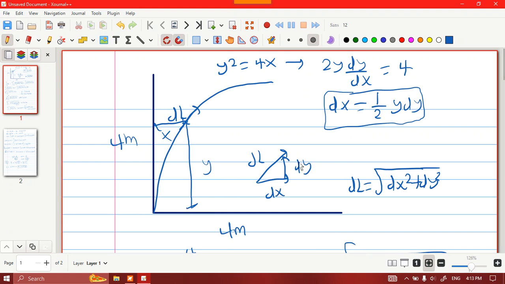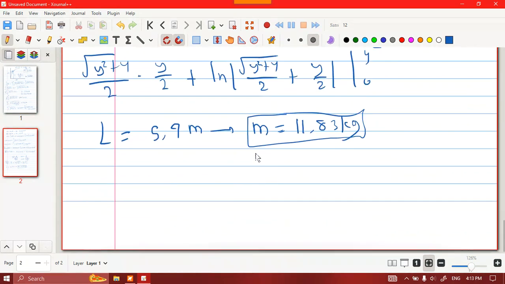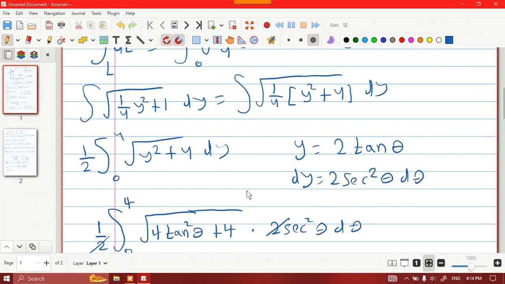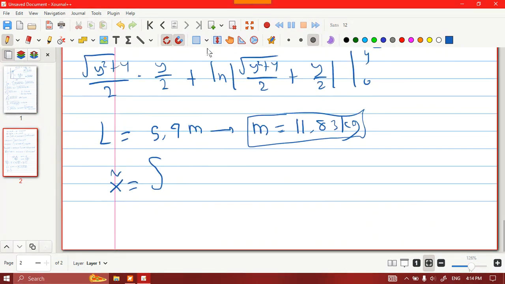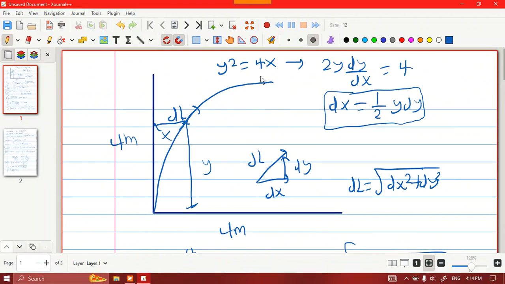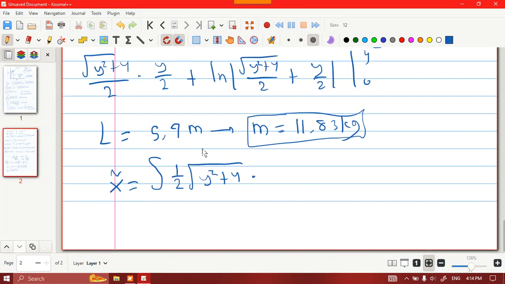Okay, so now in order to find x and y, I'll start with x bar, integral x times dL, which was this expression, 1 over 2 square root of y squared plus 4, times x, which I have to express in terms of y. x will equal y squared over 4, times y squared over 4, divided by 5.9 meter.